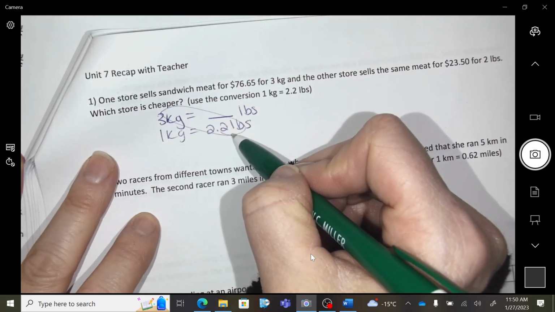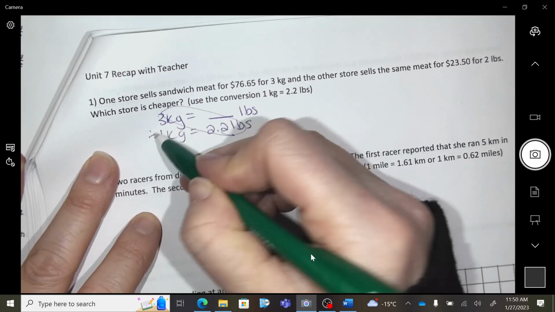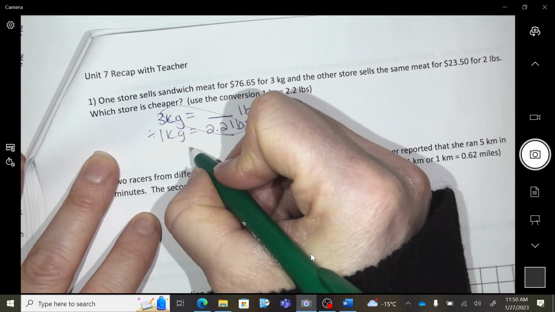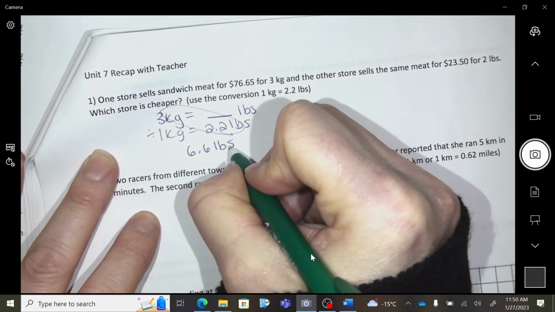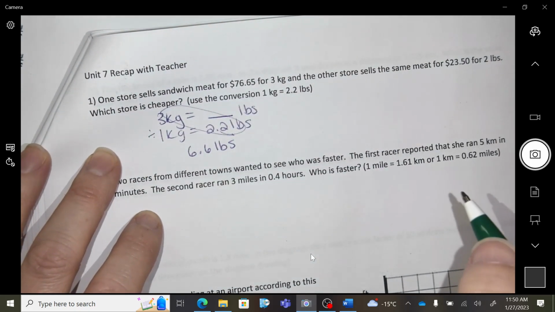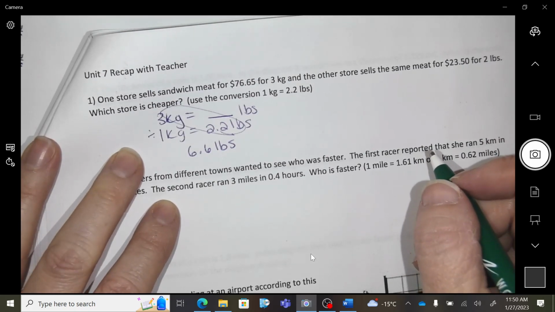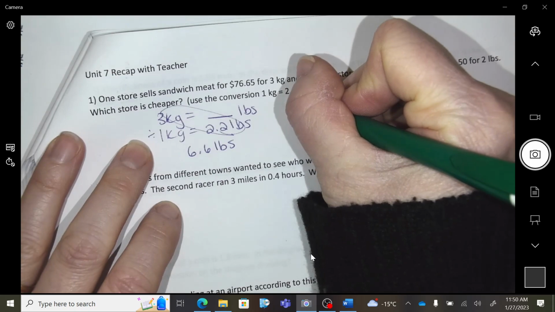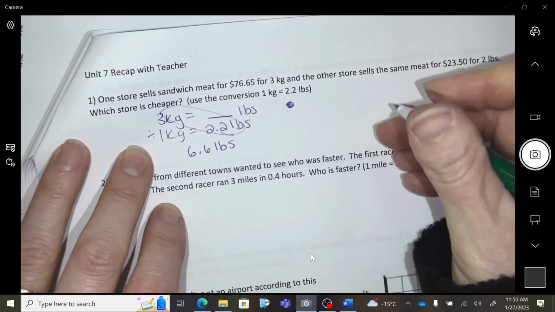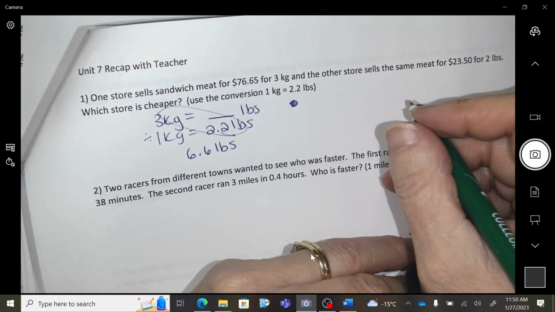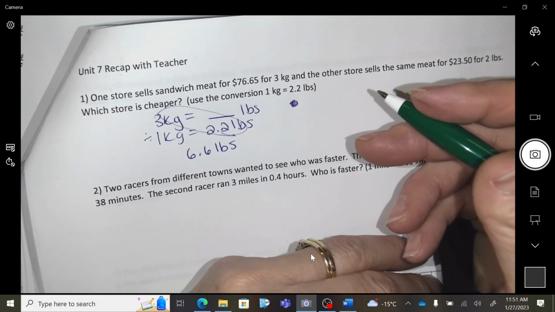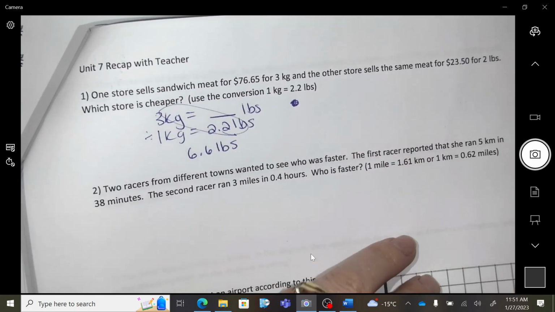You always use the method of times across, divide by lonely. So 6.6 pounds. Okay, I want you to make sense of things. So what makes, hold on.